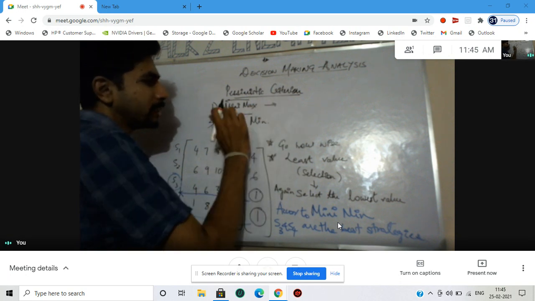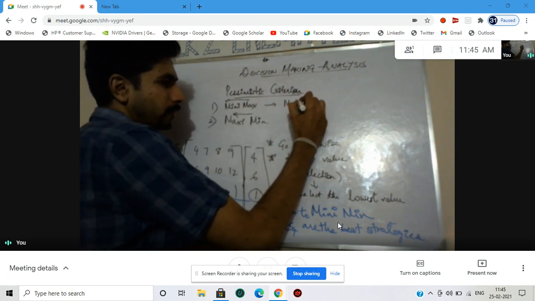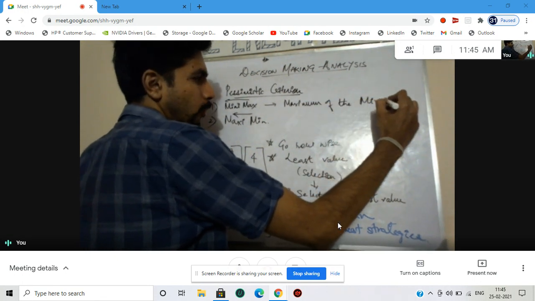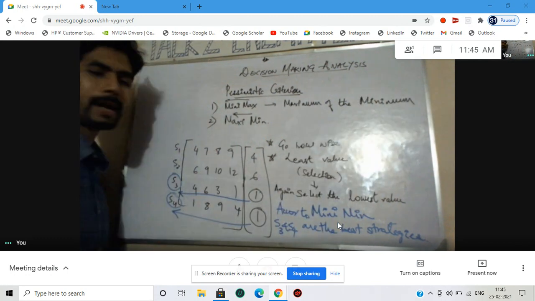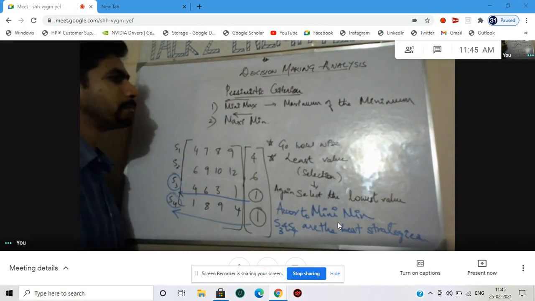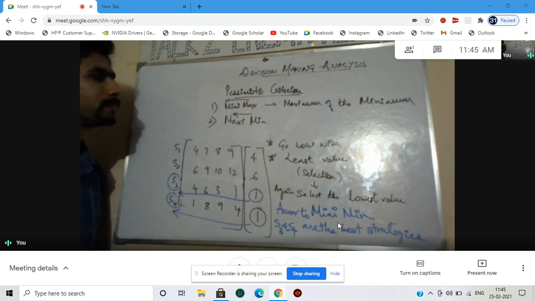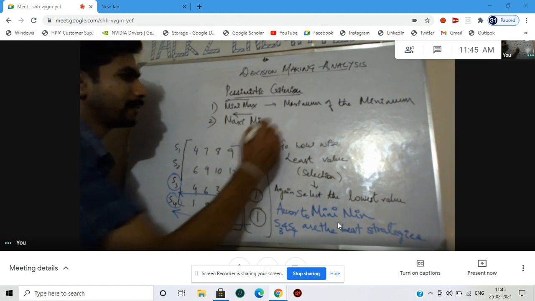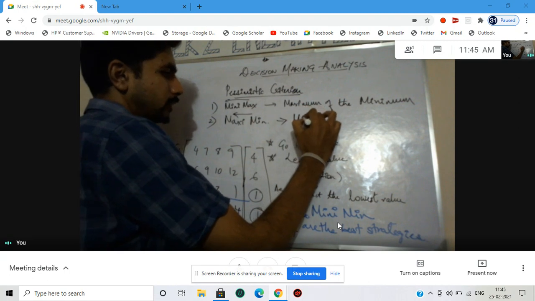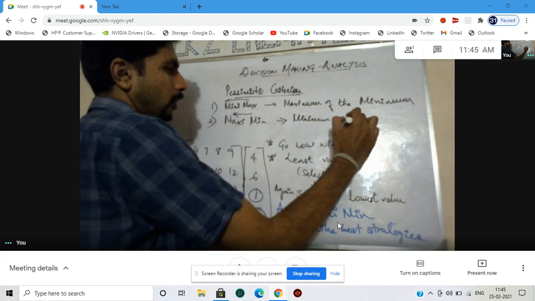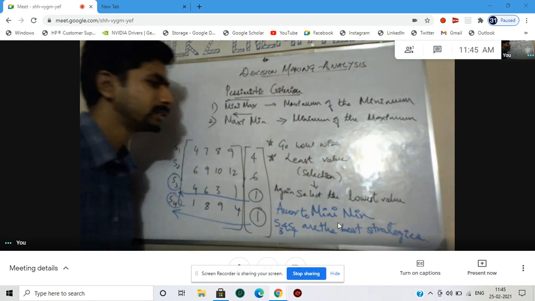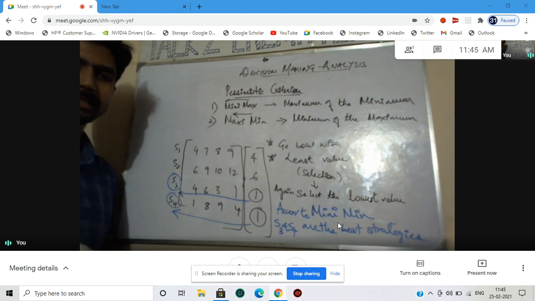So how do I write this? Minimax means maximum of the minimum. That is how it is. So first you're going to select the maximum, and then you're going to select the minimum. Then you have maximin. Maximin is called minimum of the maximum. Is that clear? Minimum of the maximum.